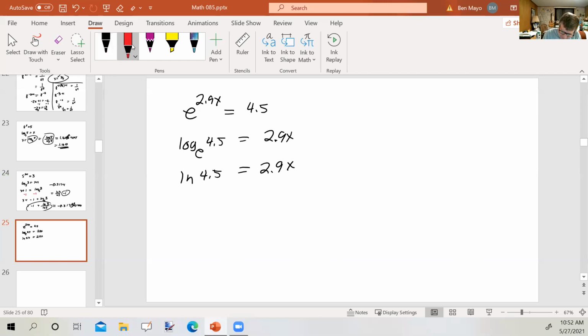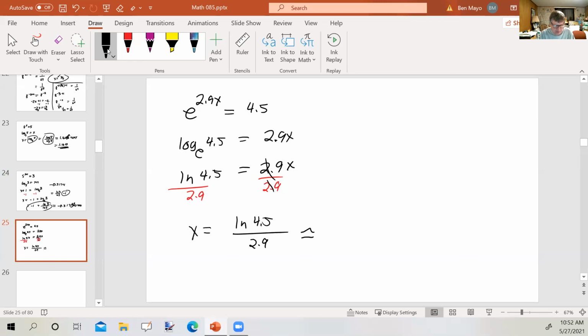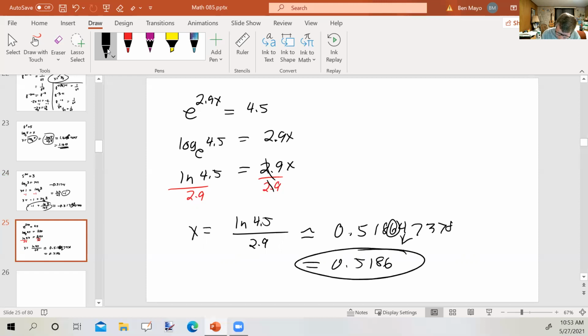Getting ahead of myself there, because the next step, we're going to divide both sides by 2.9. So x equals the natural log of 4.5, that whole thing divided by 2.9. Natural log of 4.5, close it up, divided by 2.9, 0.51864738. Rounding here, the 4 rounds down. And so we get approximately that.